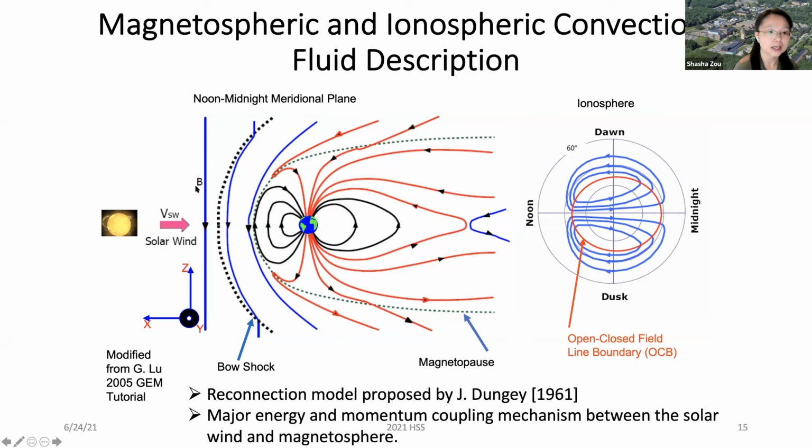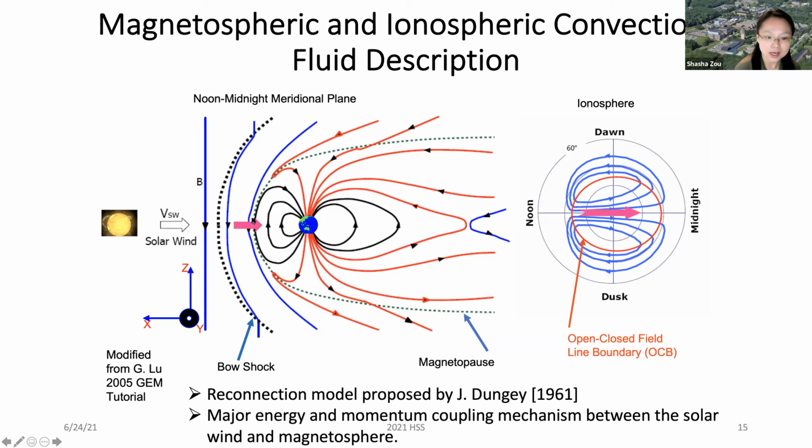If the magnetic field that's carried by the solar wind flowing into the near-Earth region has a southward component, we will have a process called magnetic reconnection happening right here, where the two magnetic fields are opposite to each other. The magnetic reconnection happening in the day-side magnetosphere will also affect the ionosphere high latitude convection.